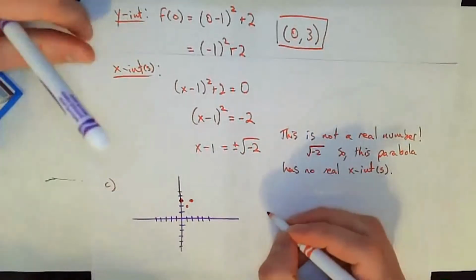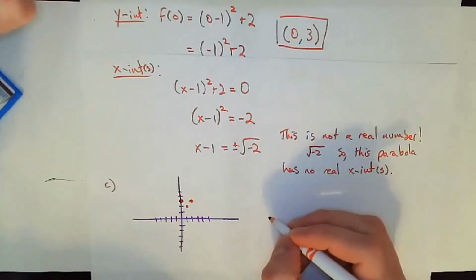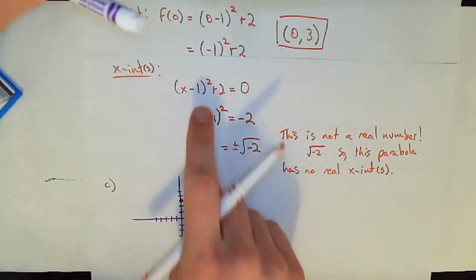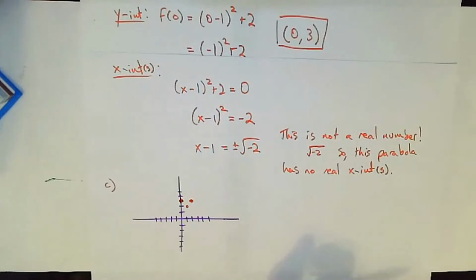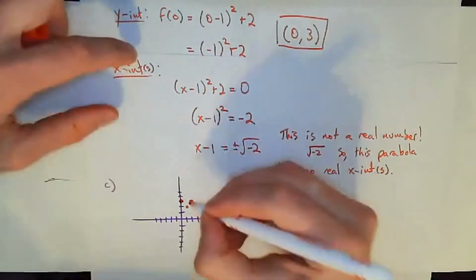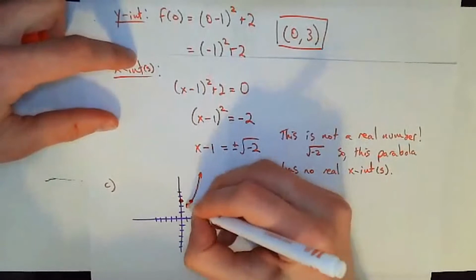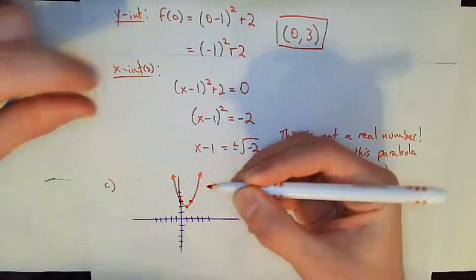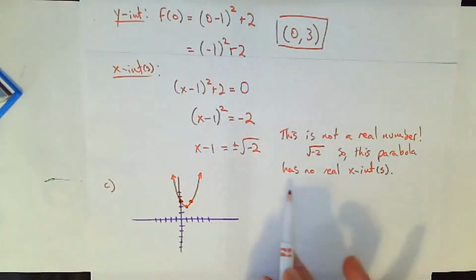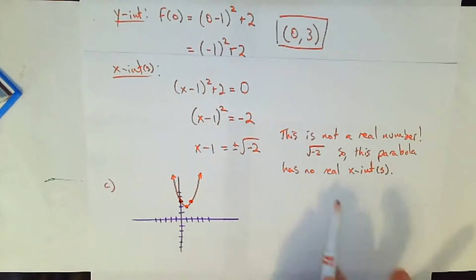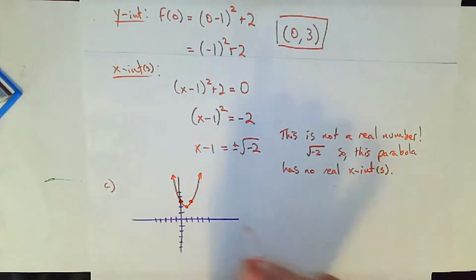If you don't believe me, plug x equals 2 into this function, and you'll get 3. And there we go. We have enough to draw it like that. And you see it does not cross the x-axis, so it has no x-intercepts.